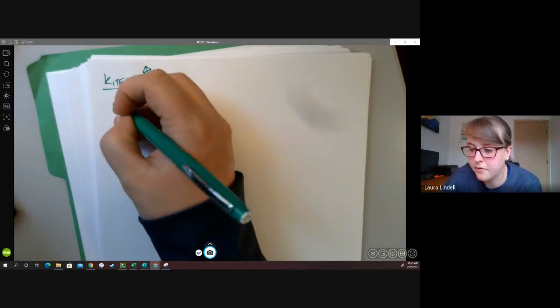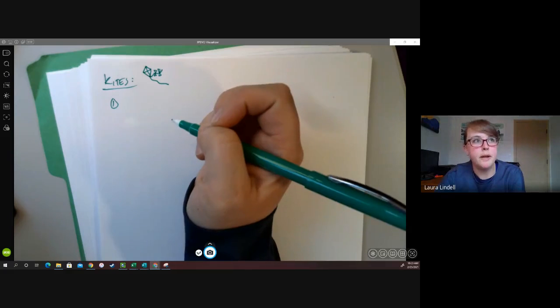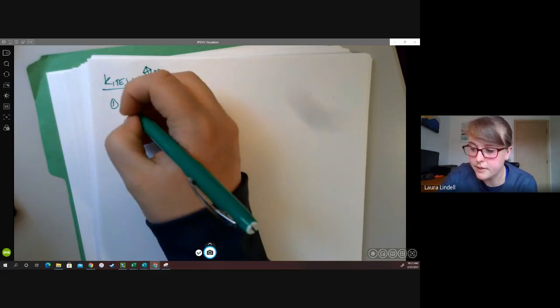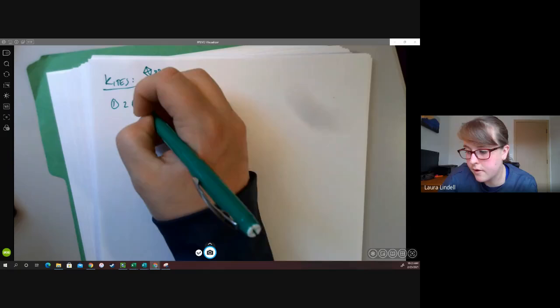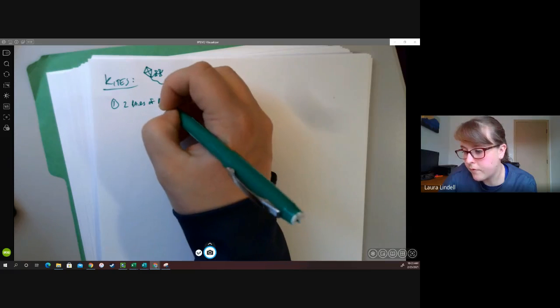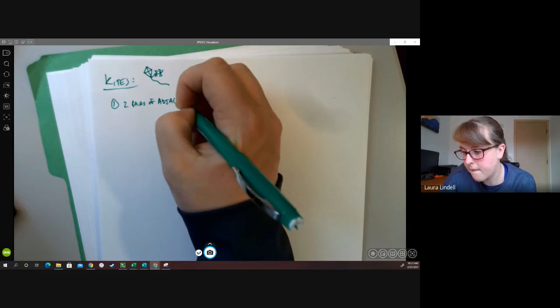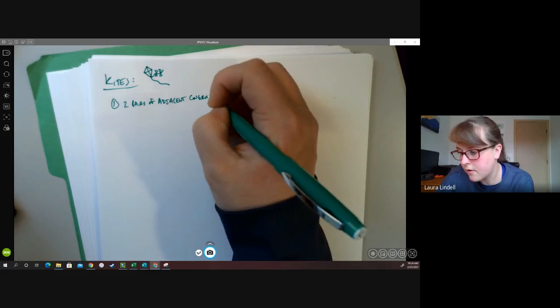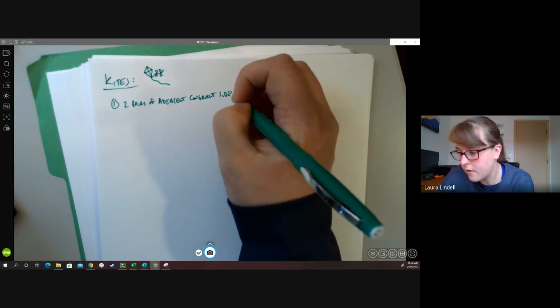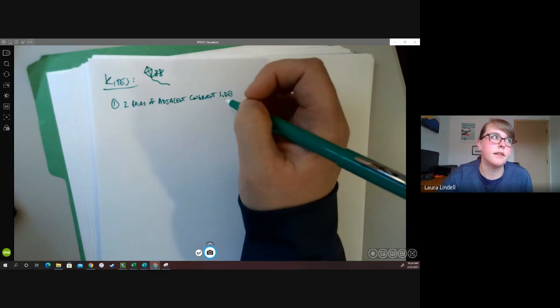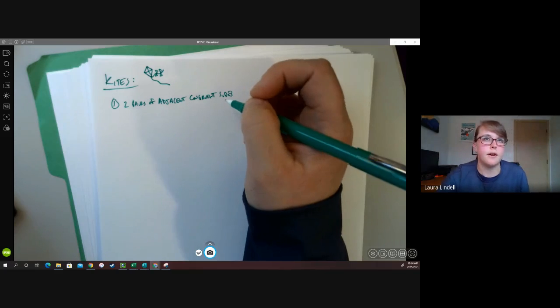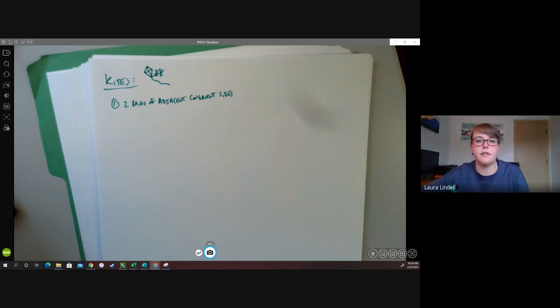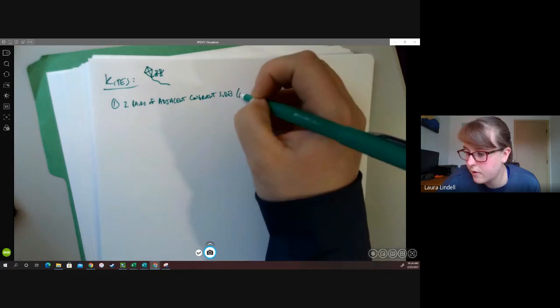So, properties of kites. First one, two pairs of adjacent congruent sides. Or I guess it's not adjacent like angles adjacent, but they're consecutive sides that are congruent. It's not the opposite sides.